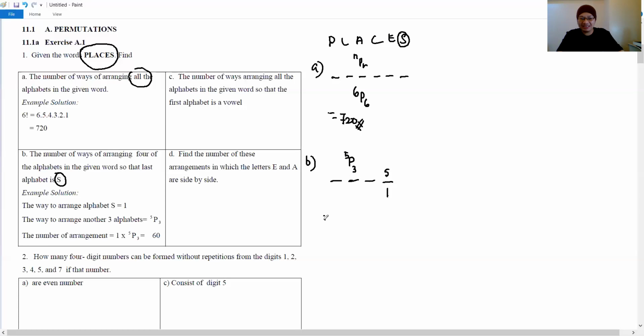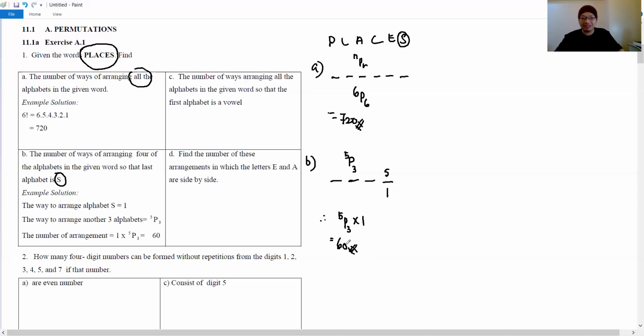So the answer will be 5P3 times 1. From the example, I already showed the answer. So the answer is 60. Very easy, right? That is question B.